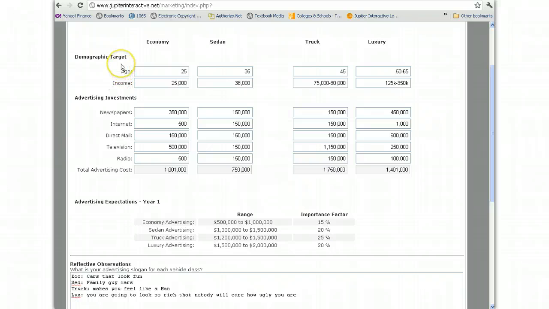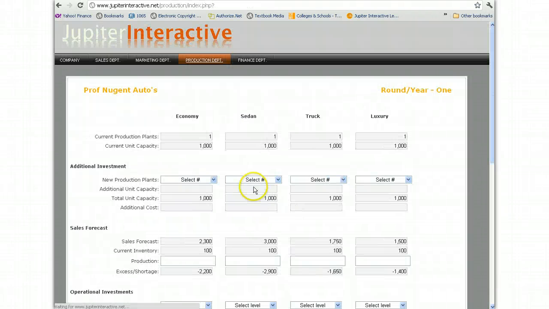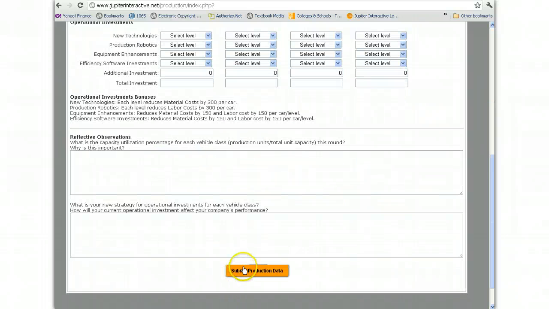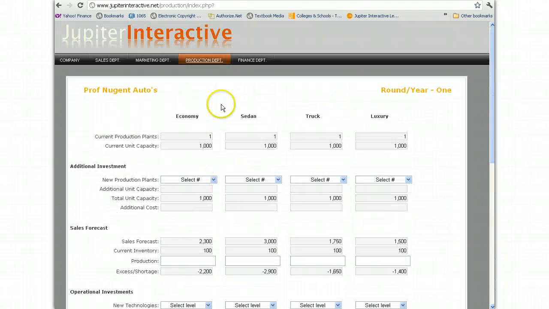And this helps to connect you to the simulation a little bit more than just entering numbers in the box, and has you think about what you're doing and what you have done in your results. So that's the marketing page. Very important that when you're done, you press the submit button, otherwise your information won't be uploaded.